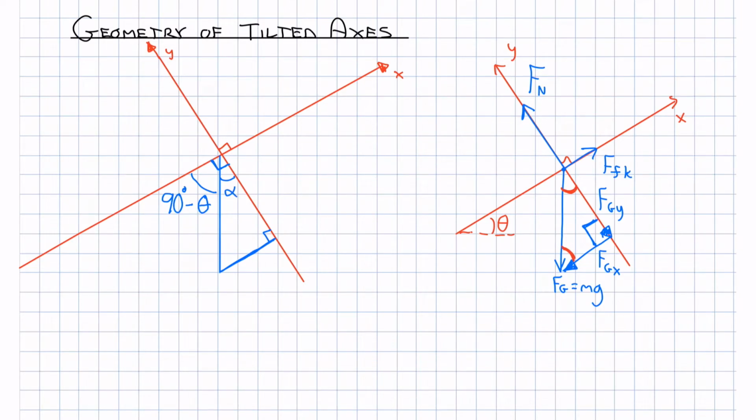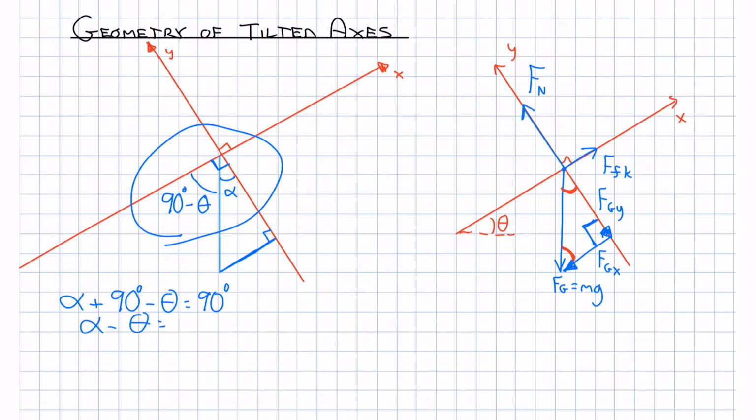Now notice in that region, if we take our 90 minus theta and add alpha, that needs to add up to the 90 degrees between the x and y axes. To write that as an equation, alpha plus 90 degrees minus theta has to equal 90 degrees. We can simplify that down to alpha minus theta equals 0. This shows that alpha is actually equal to theta, the angle of the incline.